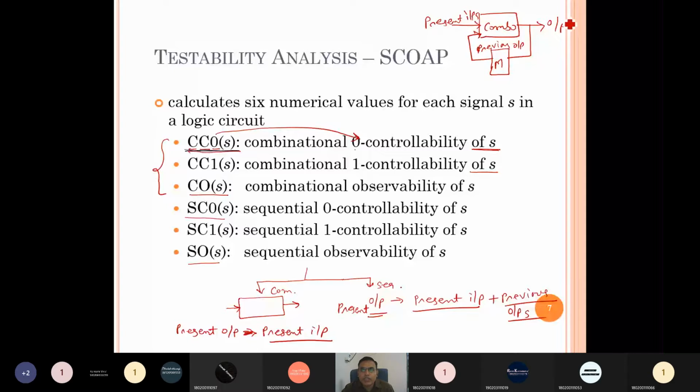So in a sequential circuit, we find combinational controllability and observability as well as sequential controllability and observability. Any questions on the definitions of CC0, CC1, CO, SC0, SC1 and SO?